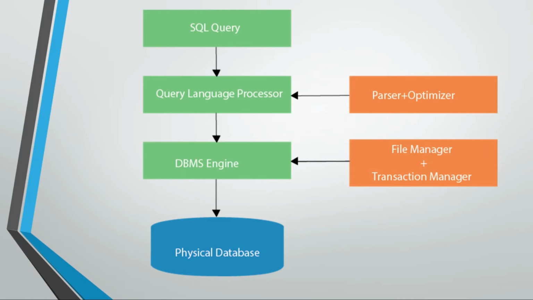Then it optimizes the query, then gives it to the DBMS engine. The file manager and the transaction manager do the remaining job, and it fetches the data from the database. Then the fetched data is given back to the application. So this is how an SQL query works in your computer.